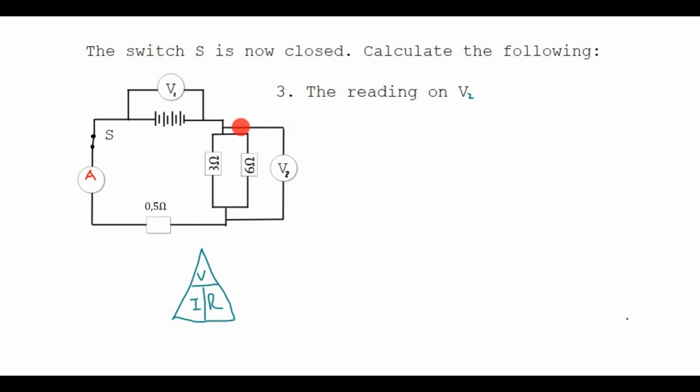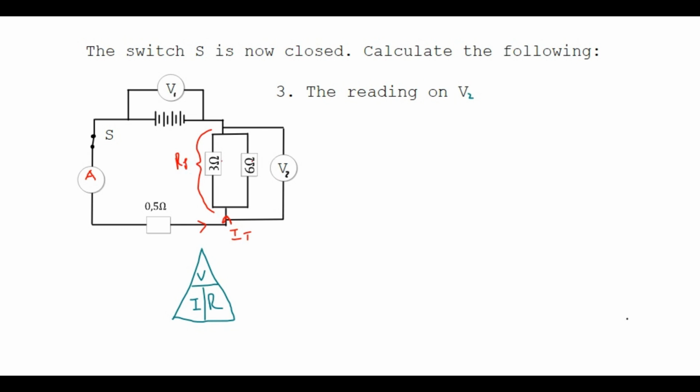What's the current coming through here? The current at that point is I total. Let's just write that in. As the current shoots past here, what is involved over there is I total. And V is connected across this resistance over here, but that is R parallel because it's got both the 3 and the 6 in it.